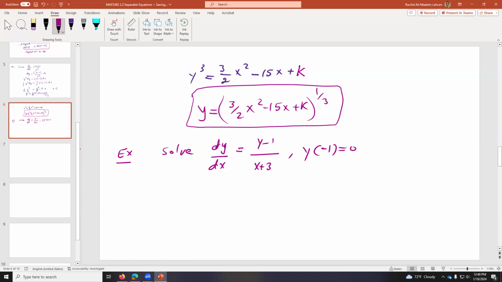So now you start getting the feel for this. Multiply by dx, you would have a dx here, both sides, and then multiply by 1 over y minus 1. 1 over y minus 1 will give you y over y minus 1 here.